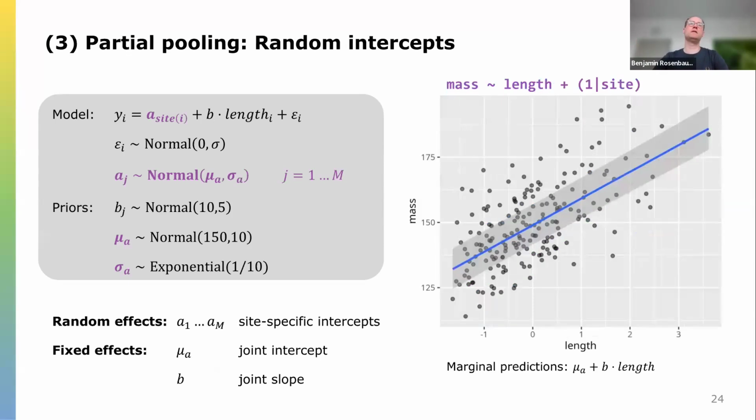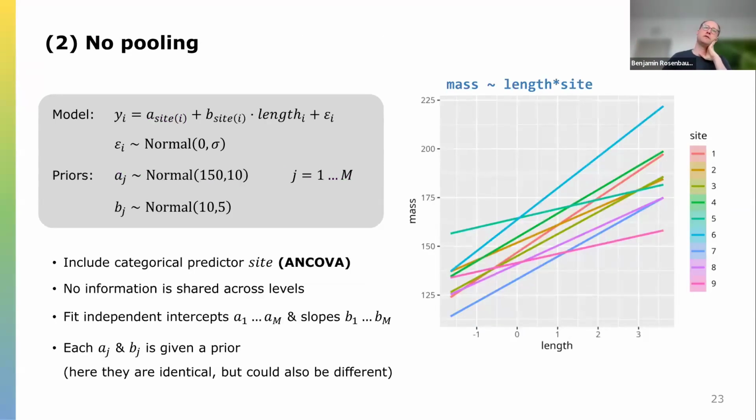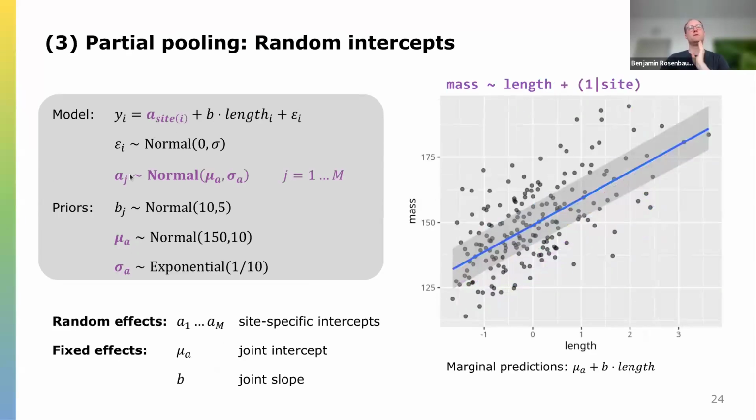But we can do the trick again, for instance, for the prior for the intercept. Here we replace the intercept prior by some model parameters: the joint intercept and the standard deviation. So these intercepts here will not be independent anymore. They come from a joint normal distribution, and their parameters are estimated during model fitting.